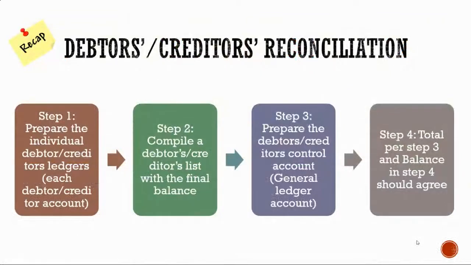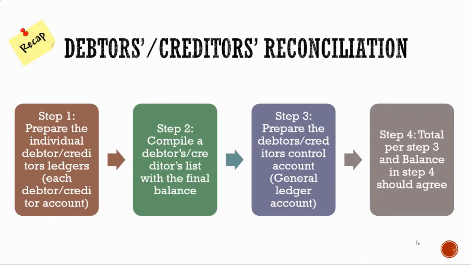So let's quickly recap the steps for doing your reconciliation. The first step is you prepare your individual creditor or debtor ledgers. That is where I show each and every individual creditor by name and create an account for them. Then I show their opening balance for that specific month.